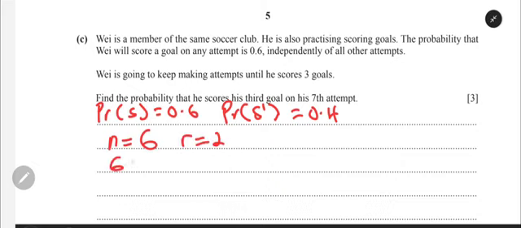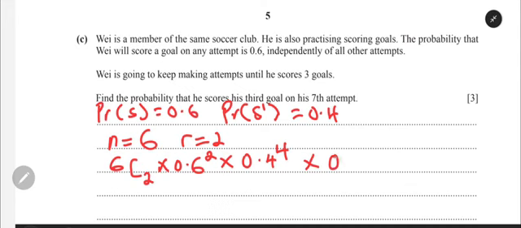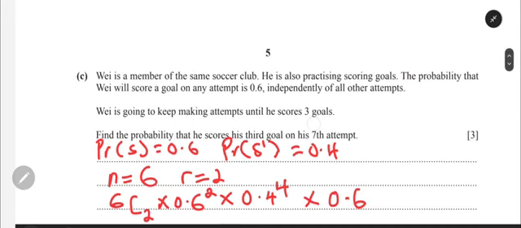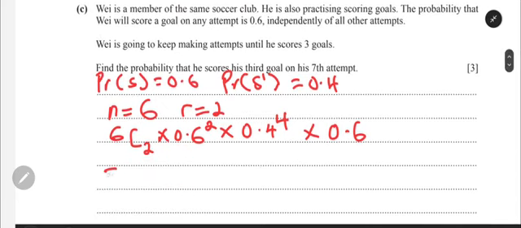So that will be 6 combination 2, times 0.6 raised to the power of 2 times 0.4 raised to the power of 4. This is the probability of scoring 2 goals in the first 6 attempts. Now scoring a goal on the 7th attempt will be 0.6, because the probability to score a goal on any attempt is 0.6, so you just multiply that.